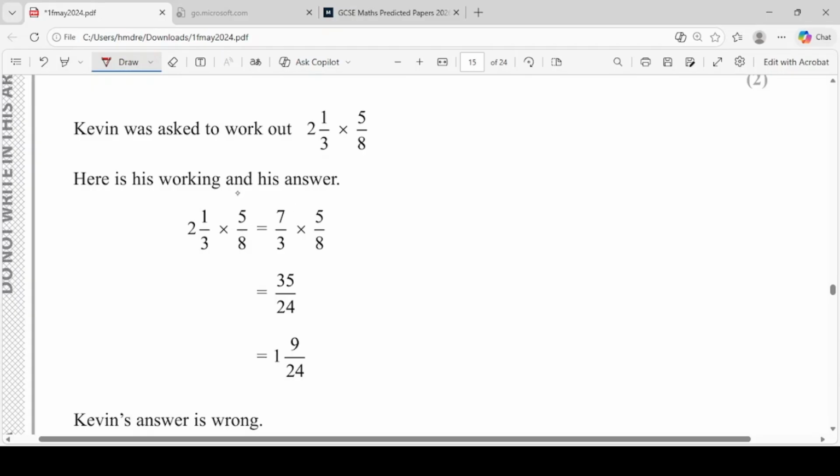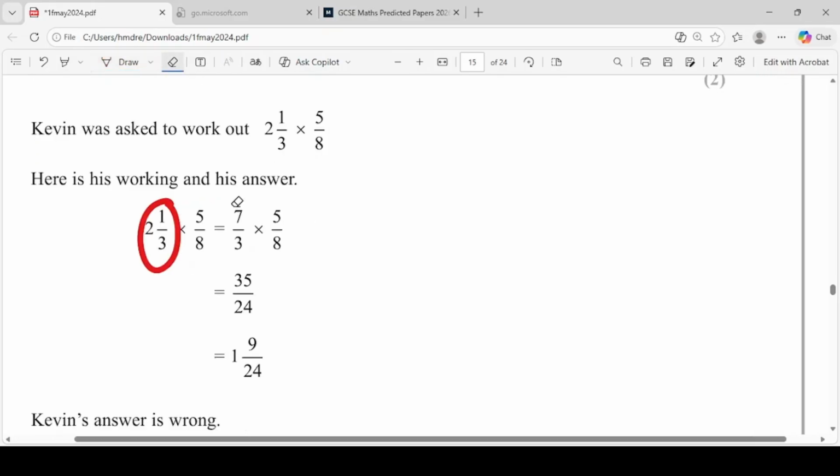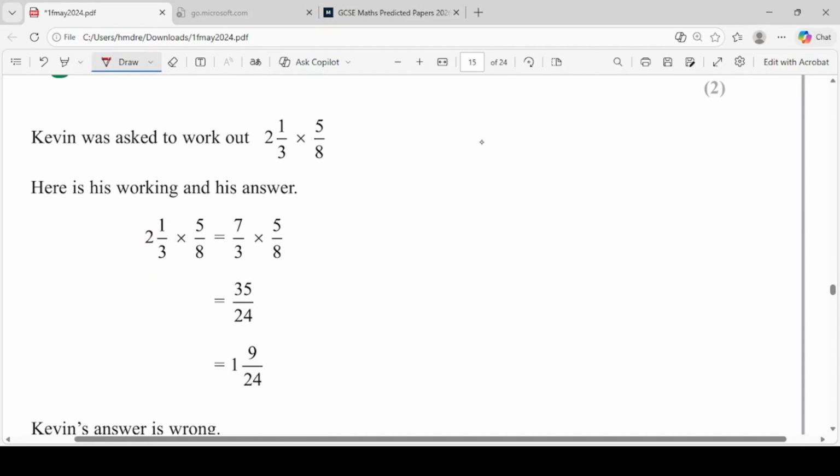So here, first of all, he converted this into an improper fraction, which is a good step. Let's just check he did that right. So 2 and 1 over 3, when we convert it, it should be 2 times 3 is 6, add 1 is 7. So you should get 7 over 3. So that is right. And the 5 over 8 is fine.